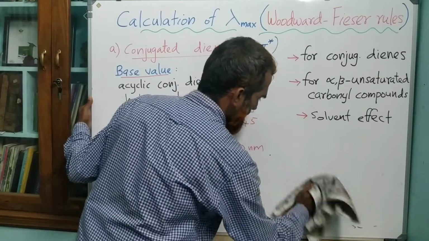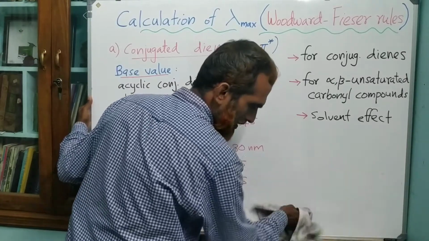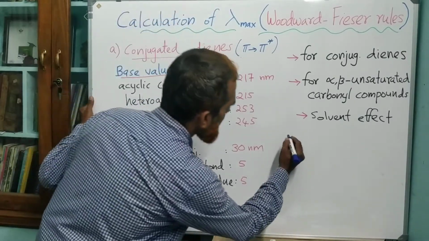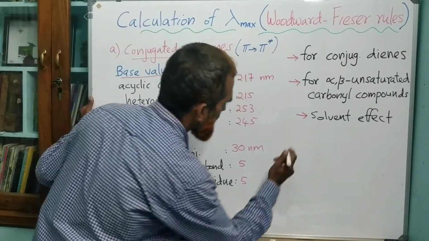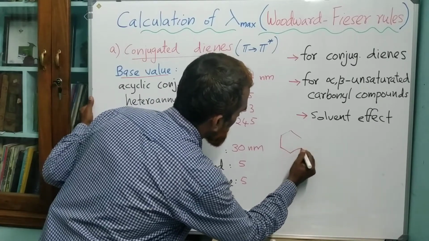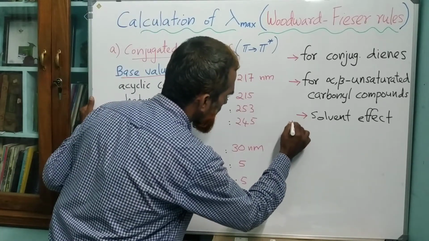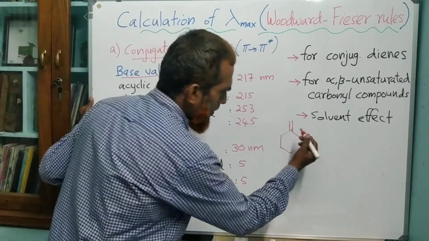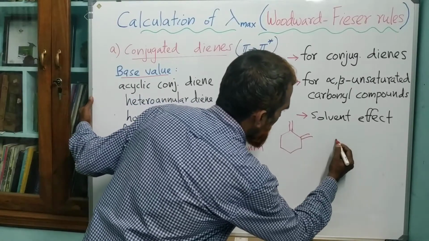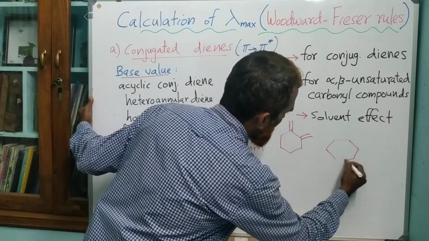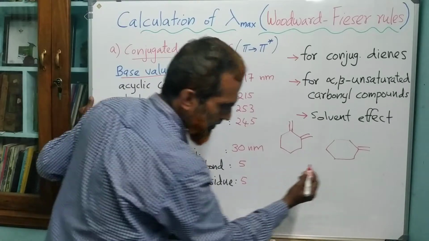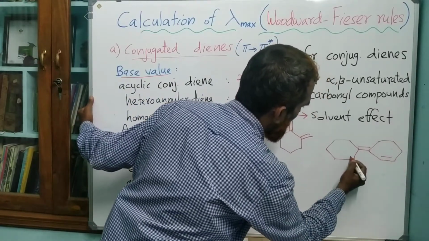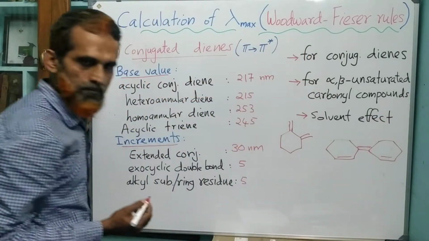conjugated diene system. I am giving you 2 questions for practice. You do it as homework. One is this one. This is a compound. Okay, this is a conjugated diene, and the second one, you have a bicyclic system and there are 3 double bonds.